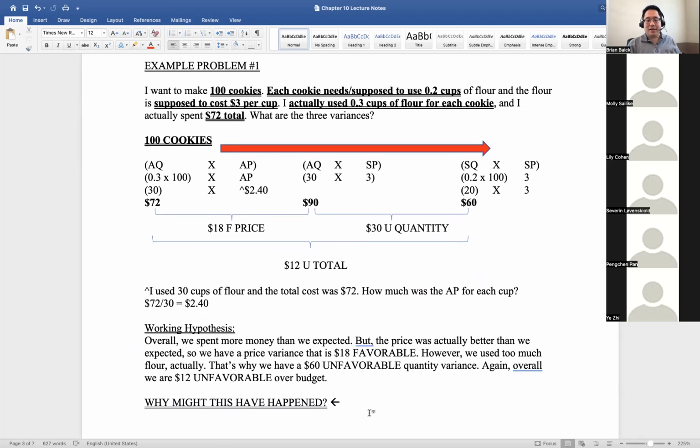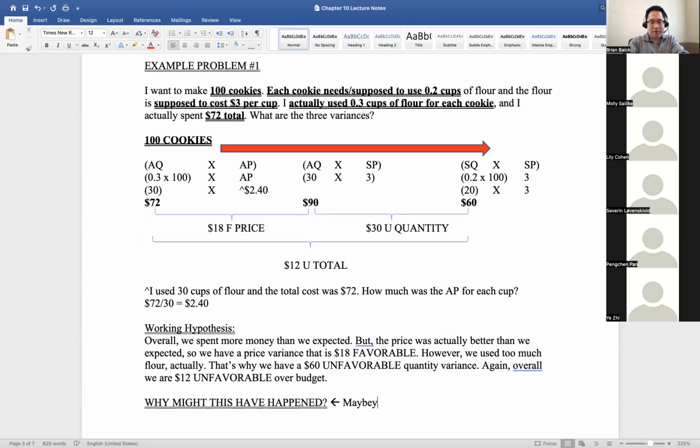Okay, the truth is nobody knows for sure, but maybe you bought cheap flour. That's why the price is so good, but you have to use more of it because the quality is not so good, right? That's why quantity variance was unfavorable. Should you keep buying cheap flour overall? No, no. Why might this have happened?